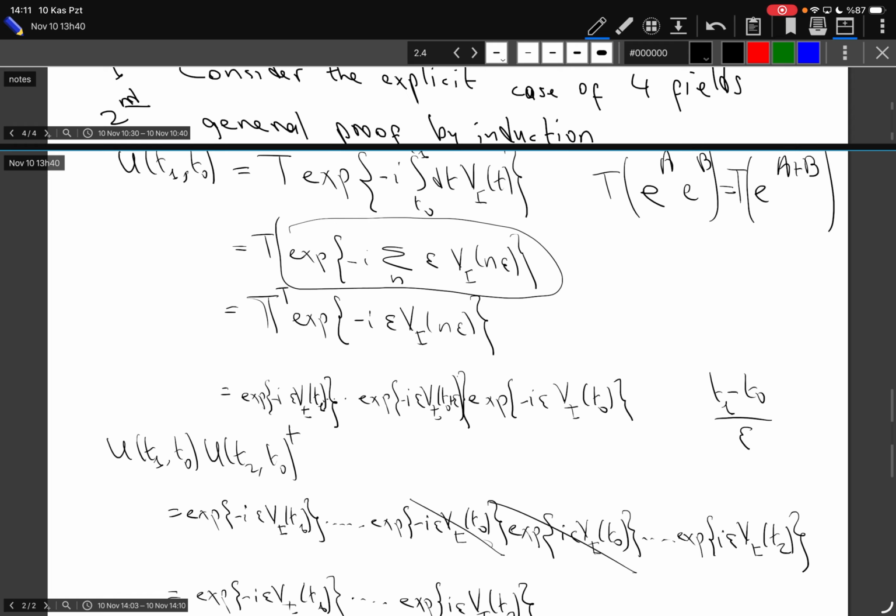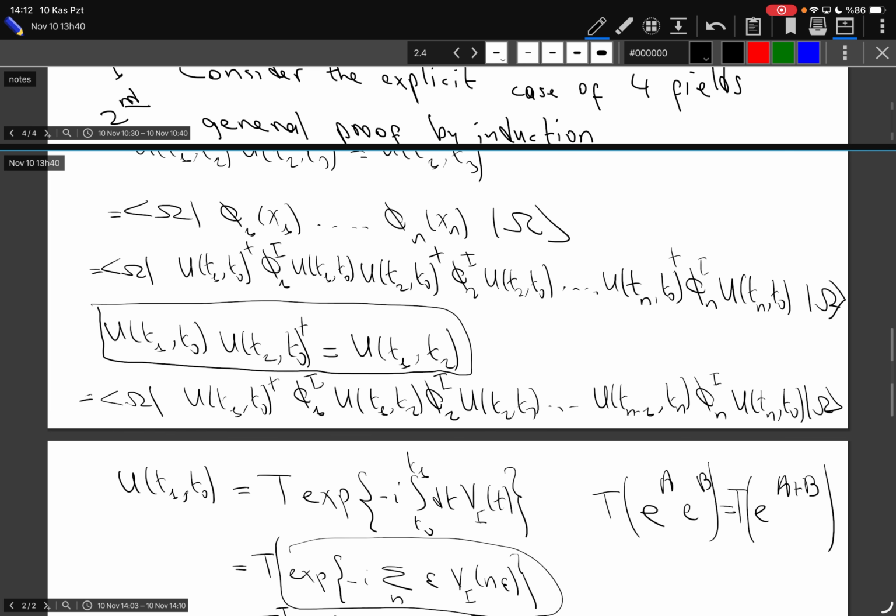So I cannot just combine those exponents. If the V_I's did commute, I could combine those exponents into one exponent. So let's go back. This is what I had.